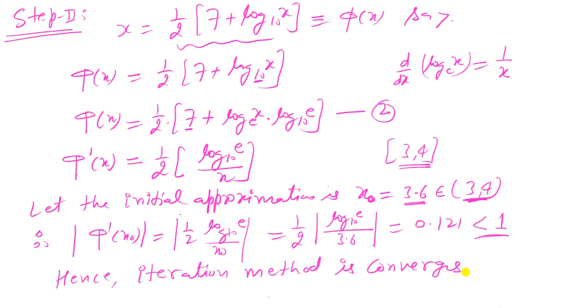Now in step 3, using successive approximations, or using the nth approximation, xn is equal to phi of x n minus 1.